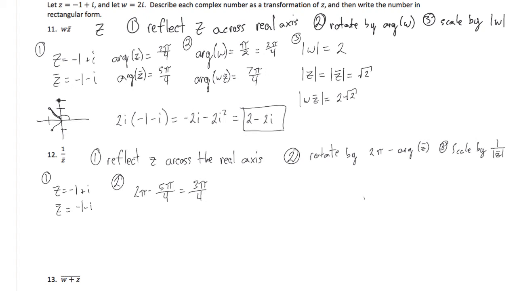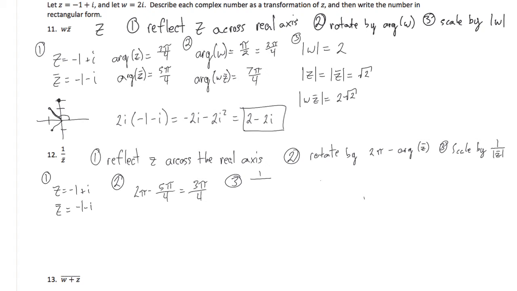And now that I have this 3 pi over 4, let's find 1 over z bar. Now that I have this 3 pi over 4, we're going to scale by 1 over the modulus of z bar.